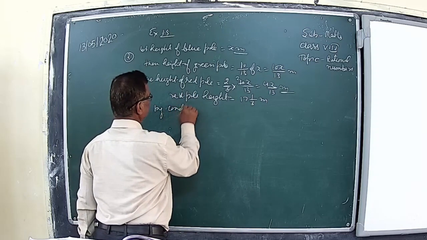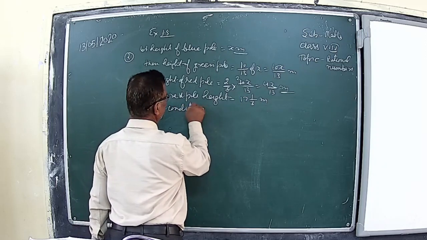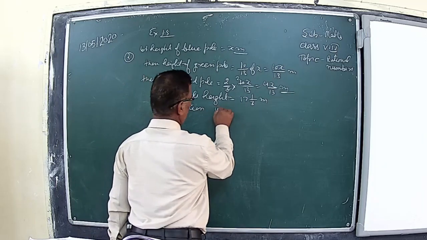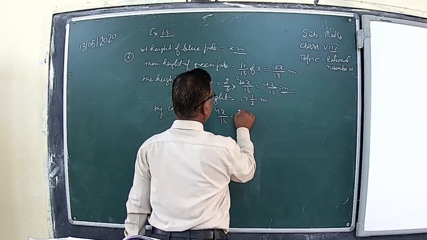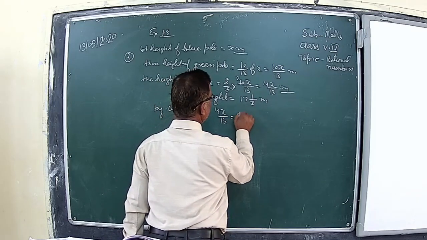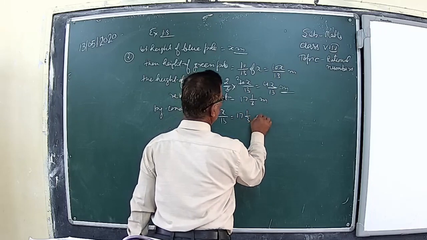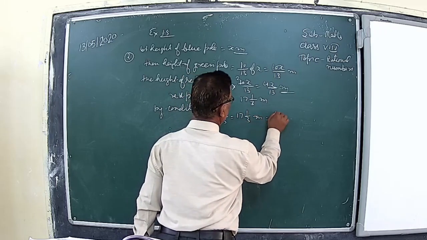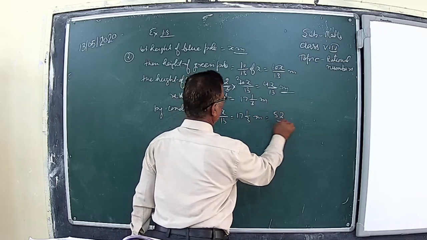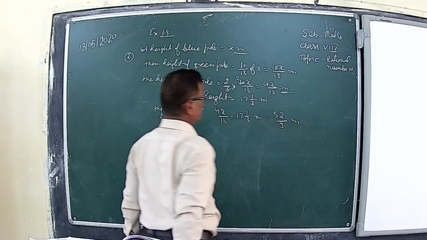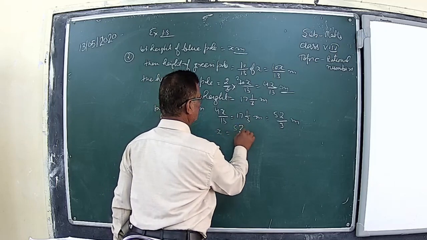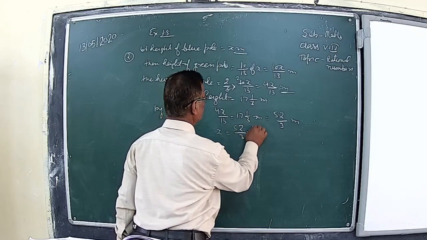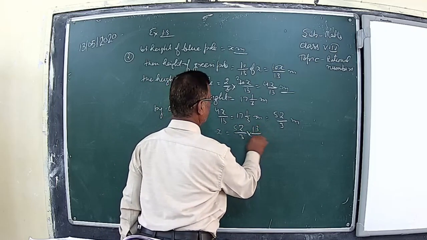By condition, both are equal. So 4x upon 13 is equal to 17 whole 1 upon 3, which is equal to 52 upon 3 meter, and x is equal to 52 by 3 into 13 by 4.